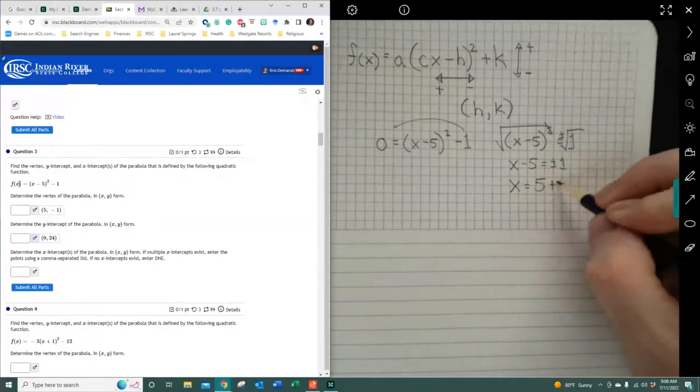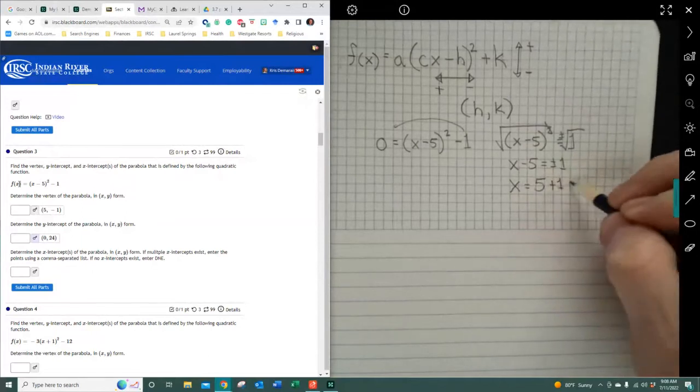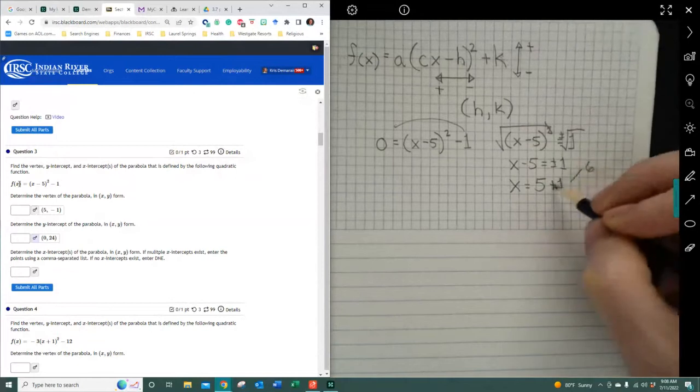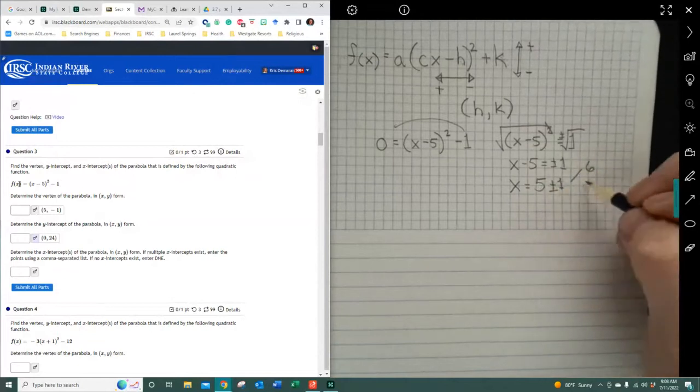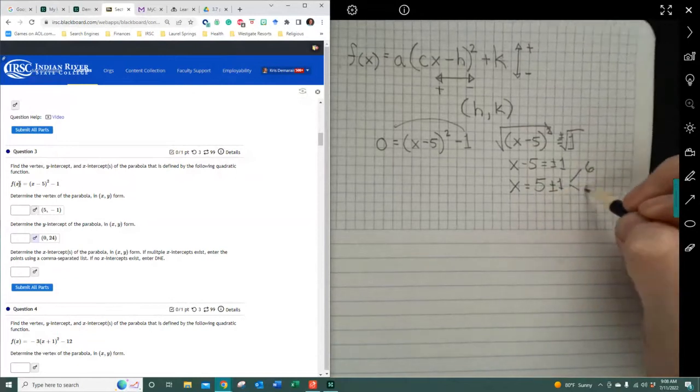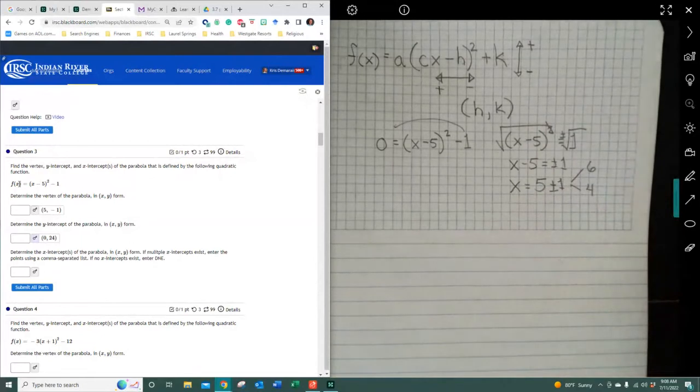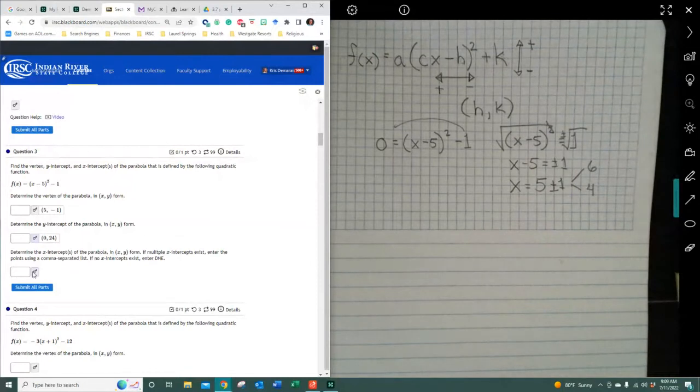So it becomes 5 plus 1, and that's 6. And then 5 minus 1 becomes 4. So then you have 2 x-intercepts. Okay? So here we have (4, 0) and then (6, 0).